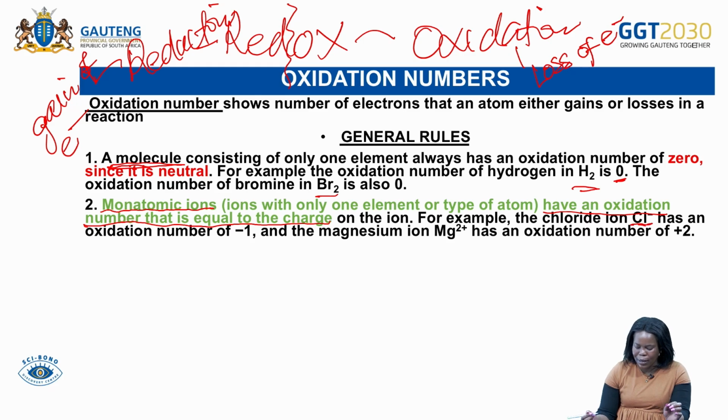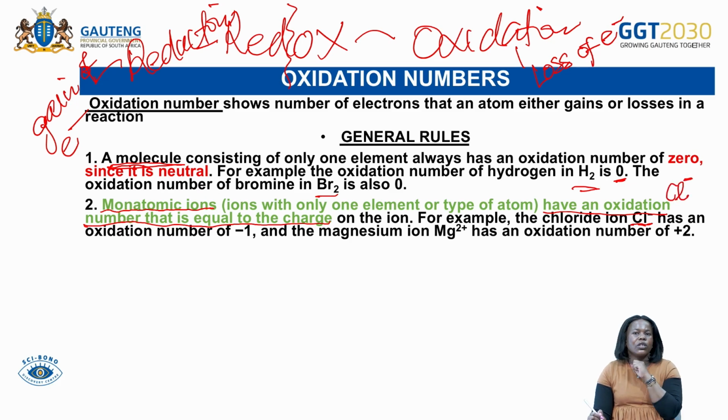Chlorine, we'll have a Cl minus. That means, what is the charge? Already we know that this is an ion because there is a negative sign at the top, all right? So let me write it here, Cl minus. So it has a negative charge at the top, okay? It is an ion, and in this case, it is a monatomic ion because it does have one element, okay? Mono means one.